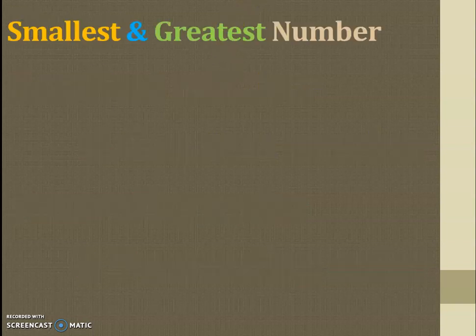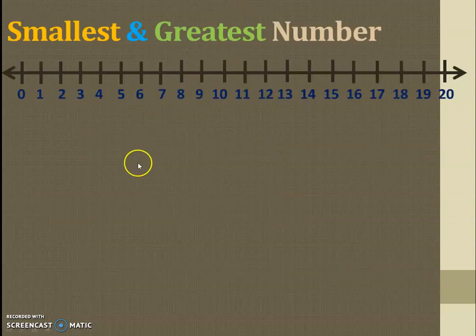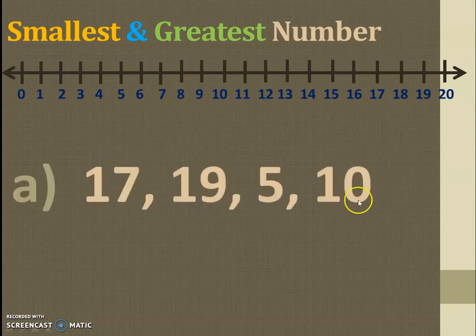Okay. And now for smallest and greatest number, using number line only, the given numbers we are going to mark. So these are the numbers. I am going to mark it on the number line. Put a ring on these numbers 17, 19, 5 and 10. So these are the four numbers given in the number line. When we are arranging in the increasing order, this is the smallest number and this is the greatest number.